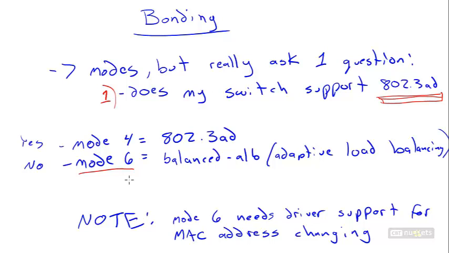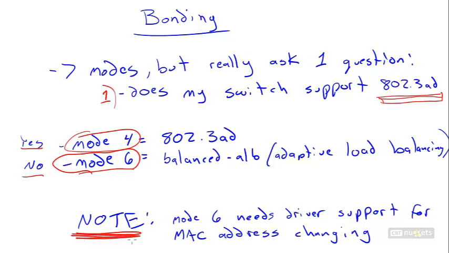All right, so we're going to look at 2 modes basically. If your switch supports 802.3ad, then you want to use mode 4, which is 802.3ad. If your switch does not support 802.3ad, then you want to use mode 6. Mode 6 will work regardless of your switch. There is one caveat.